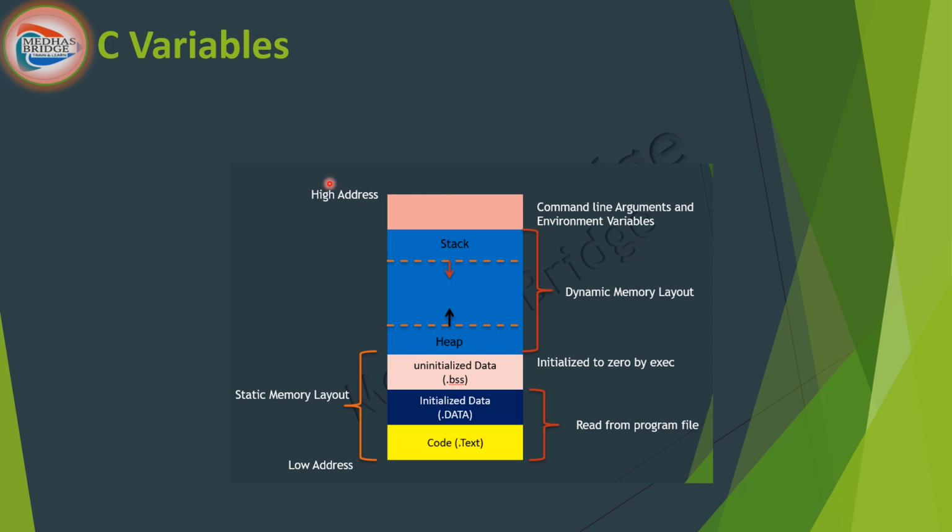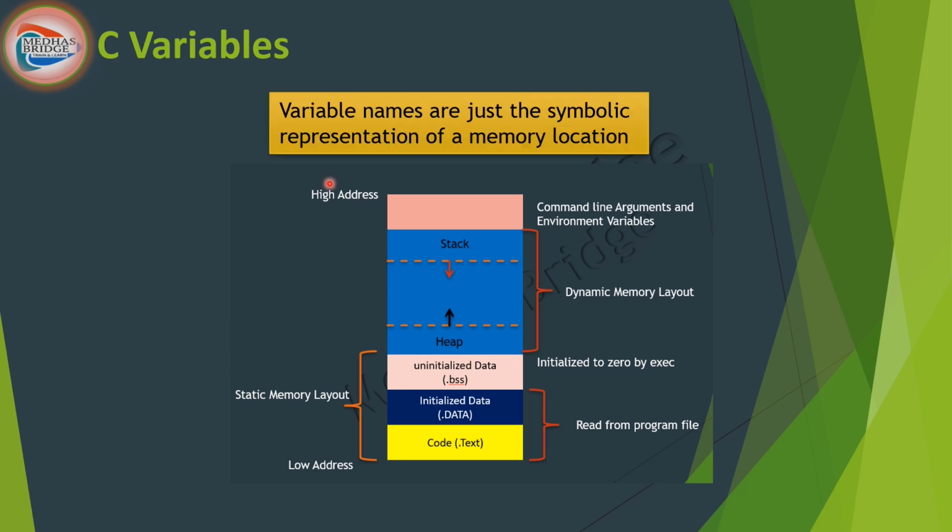This is a hexadecimal value which refers to the memory location. But it's very hard for us to understand and remember the numbers, right? Instead you give some kind of logical name to it. That's what a variable means. What we are precisely saying is, variable names are just a symbolic representation of a memory location.